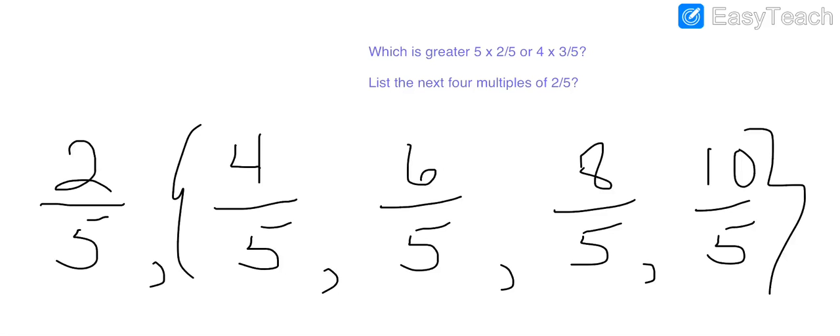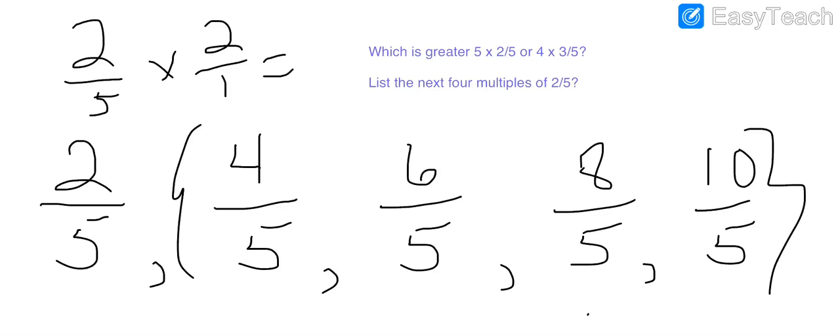So really what you did there, you did 2 out of 5 times 2, which is 4 out of 5. 2 out of 5 times 3, which is 6 out of 5.